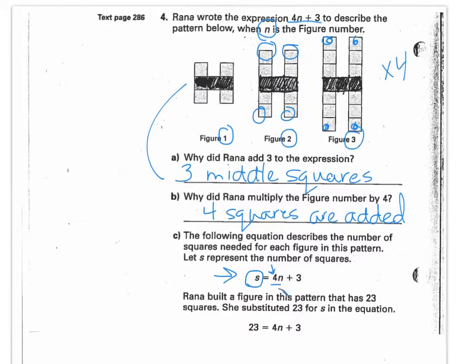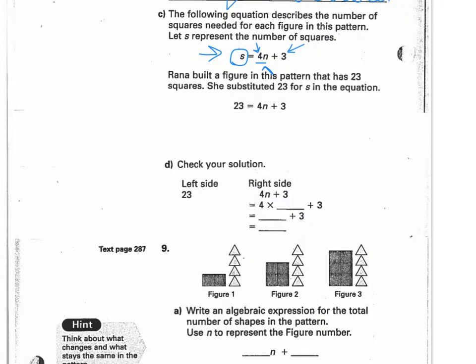N is the figure number. 3 are the 3 middle squares. Raina builds a figure in this pattern. She's going to have 23 squares. So she substitutes 23 for the S because S represents the number of squares.